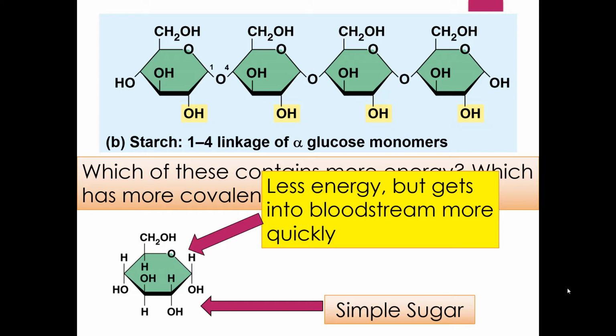Whereas if you need to quickly replenish energy, you drink Gatorade or something sugary, and those simple sugars, because they're small, don't need to be broken down anymore. They're already broken down, and they can get into your blood quickly, and then you can get a small dose of energy very quickly.